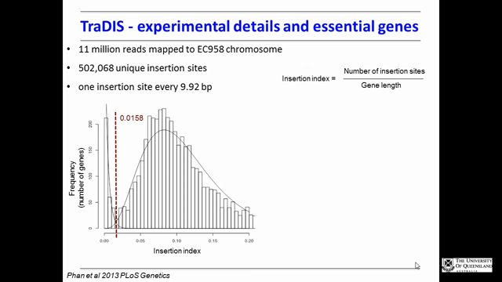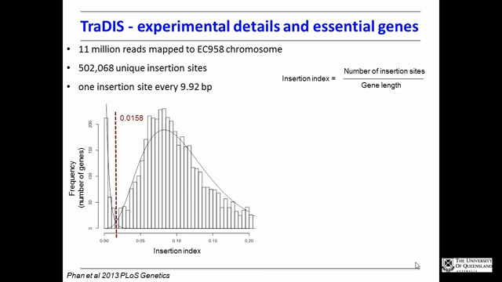If we look at the distribution of those insertions, here we have the frequency versus insertion index, which reflects the number of insertion sites per gene length. We can see that that's consistent with that insertion frequency, but also that we have some genes which were very underrepresented in this library, and that means that there were very few insertions in these genes.